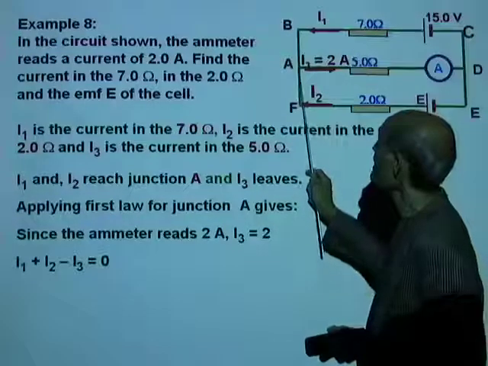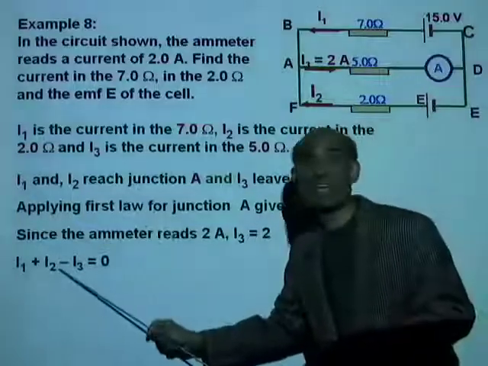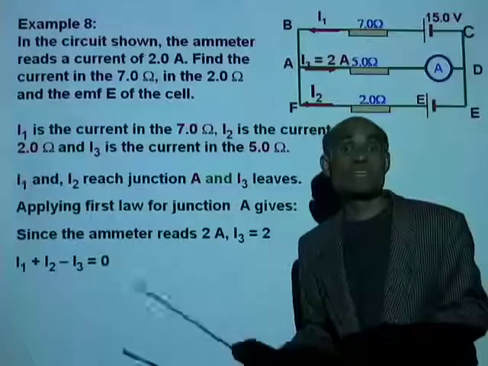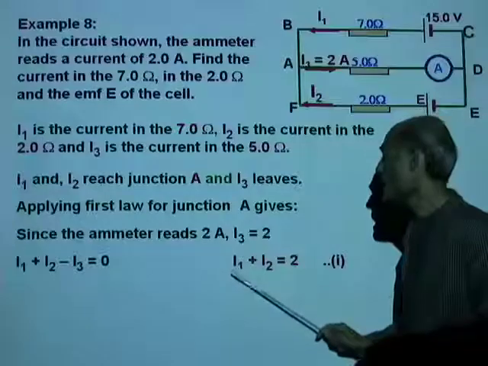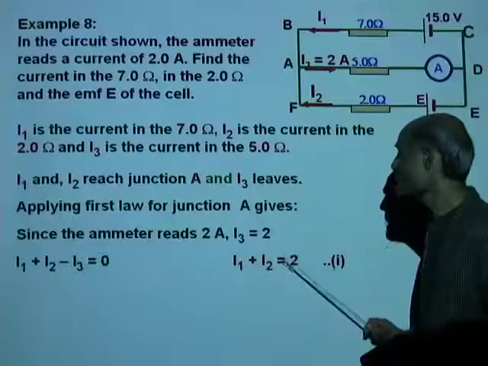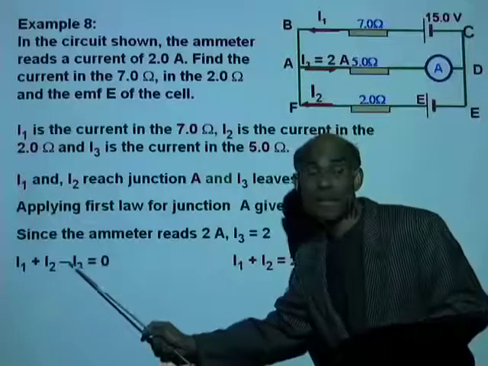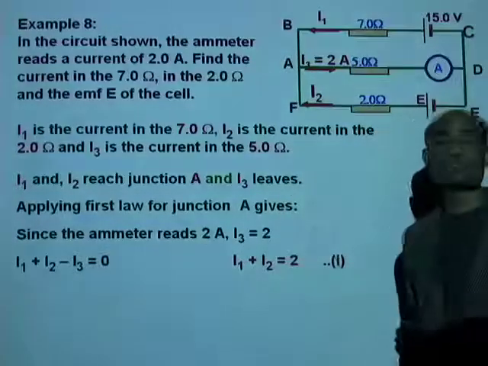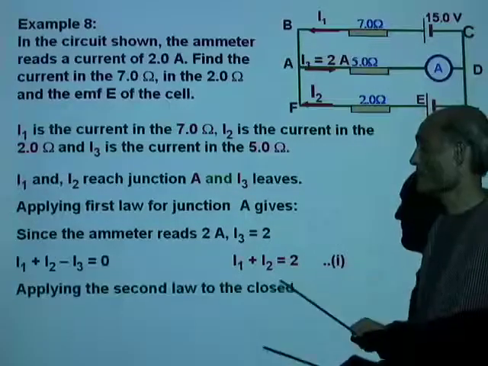I2 reaches A, that is positive. I3 leaves A, that is negative. Algebraic sum of the current meeting at a point is 0. We got one equation. I1 plus I2 equal to 2 because I3 equal to 2. I took it to the other side. I1 plus I2 equal to 2. This is going to be much simpler than the one we did earlier.